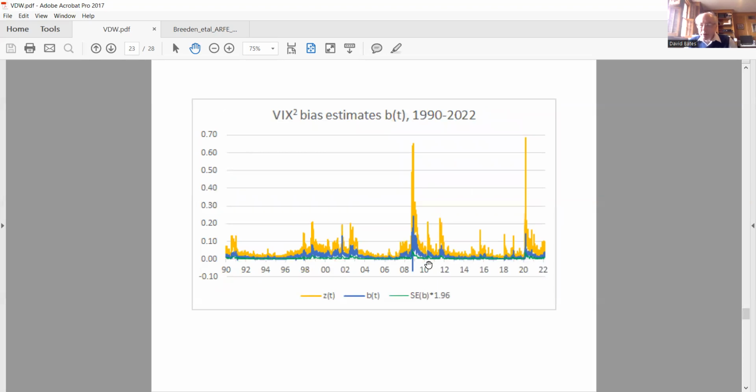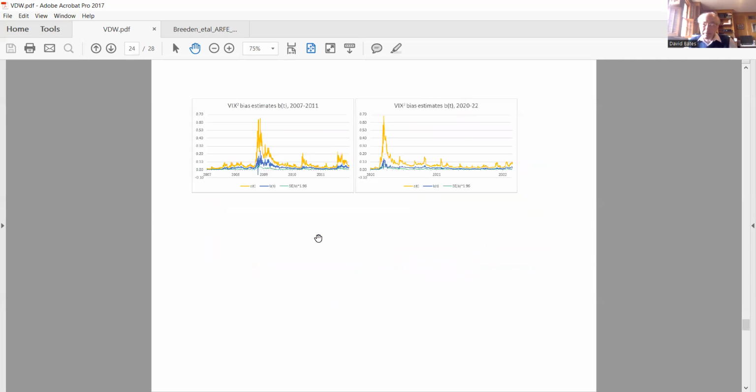So here's the full sample. The yellow line is the squared VIX, and the blue line is the bias. And you can see that the bias is at times a substantial portion of the VIX, especially during, for example, the financial crisis 2007 to 2009, or during the pandemic. And here are some graphs that break those down.